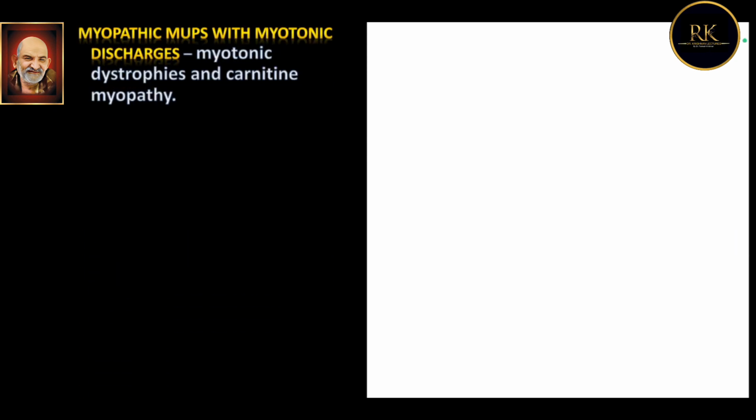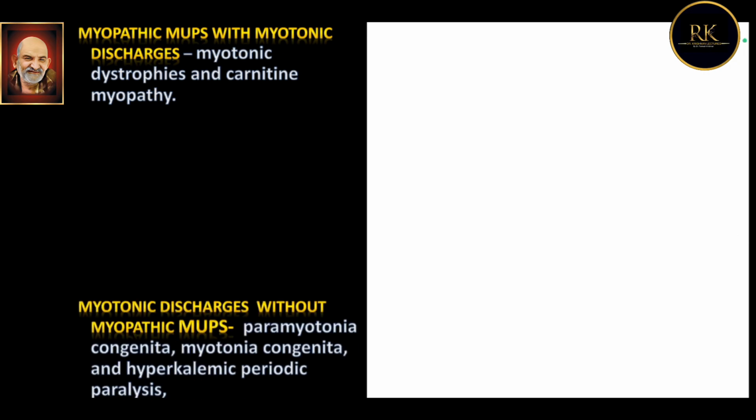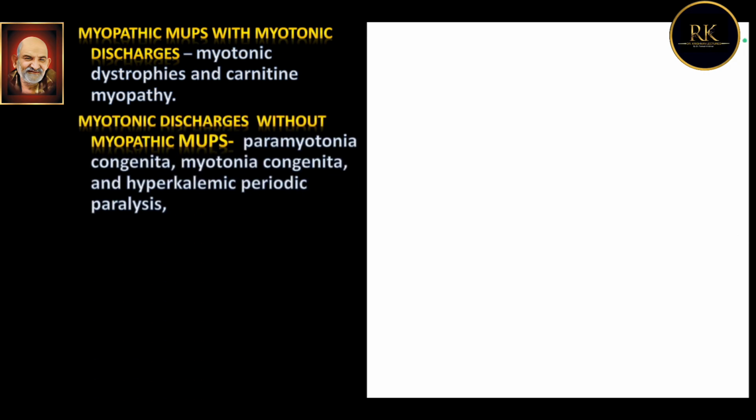If myopathic motor unit potential is associated with myotonic discharges, the causes include myotonic dystrophy and carnitine myopathies. If myotonic discharges are without myopathic motor unit potentials, the causes include paramyotonia congenita, myotonia congenita, and hyperkalemic periodic paralysis.